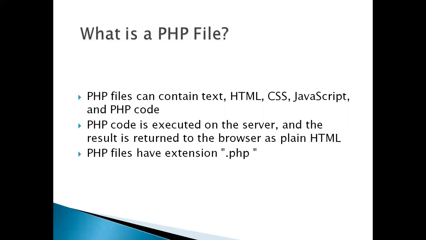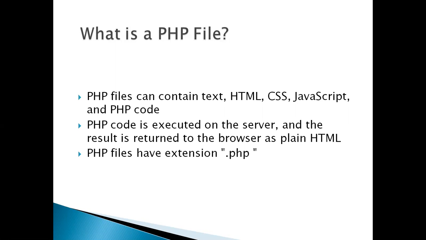It means that when you type your code, this code is actually executed on the web server, and the result is written to your browser. The PHP file has the extension .php, which means all your PHP files are saved with the extension .php.